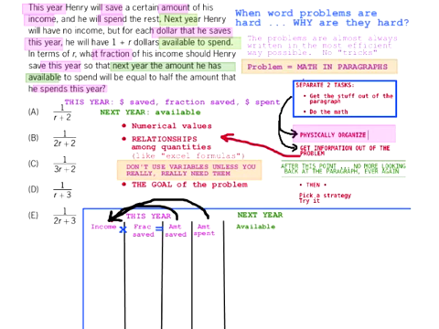So I can draw another arrow with that relationship on it too. The money saved this year times 1 plus R along that arrow is going to be the amount that he has available next year.